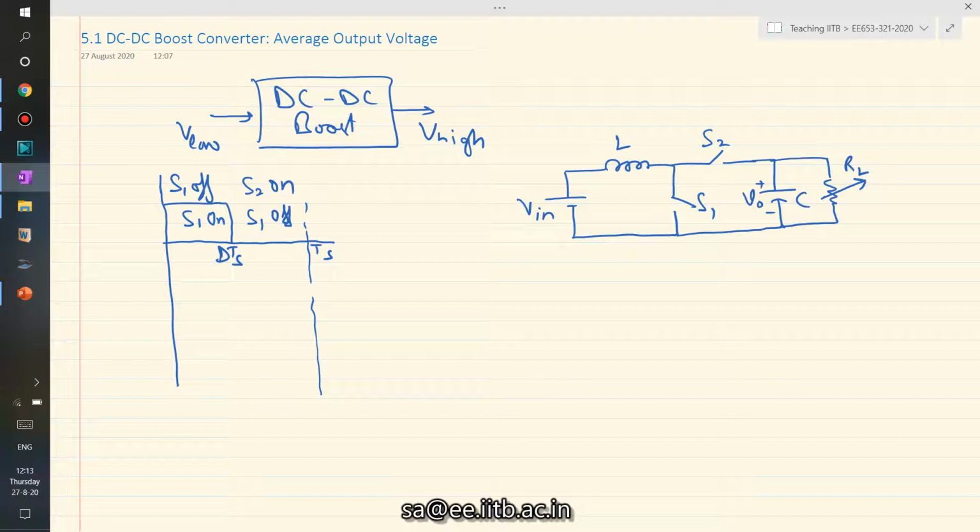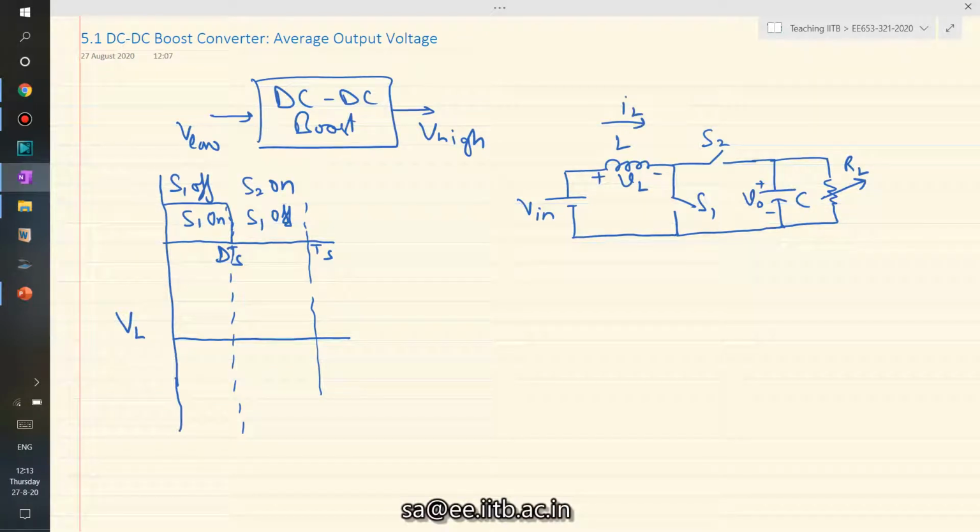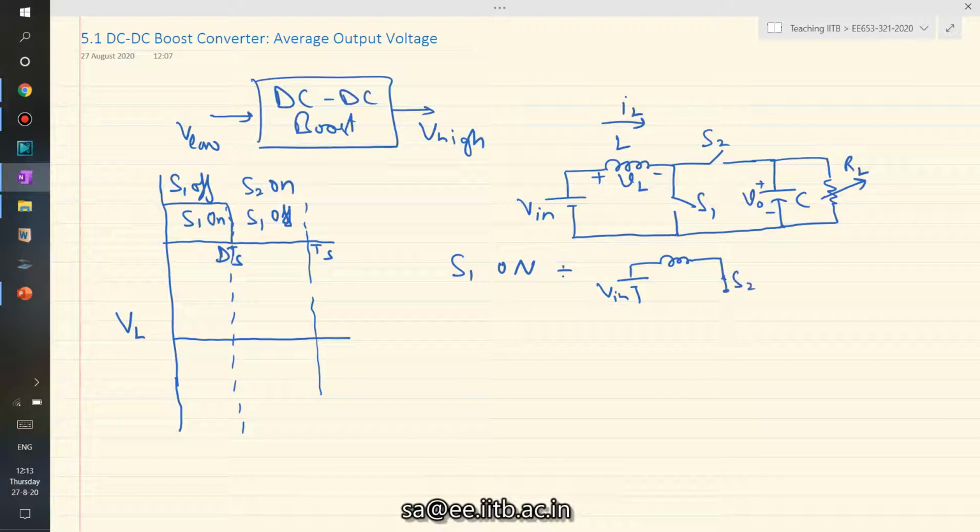Now let me draw the voltage across the inductor. Let me define the reference polarity. This is the voltage across the inductor, and this is the inductor current reference direction. When S1 is on, the equivalent circuit looks something like this. You have the input, the inductor, and S1 is on, S2 is off.